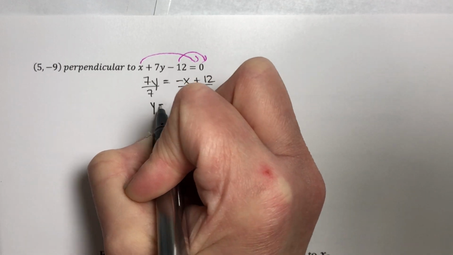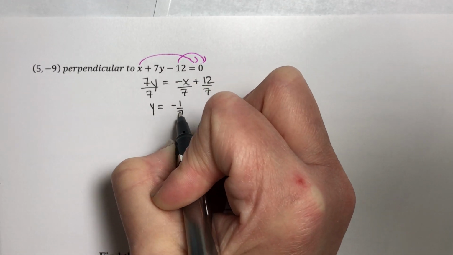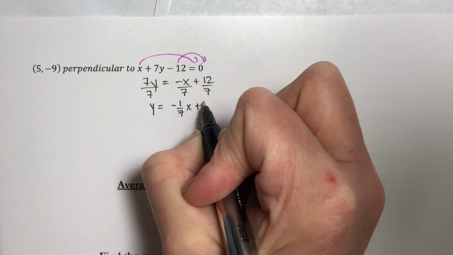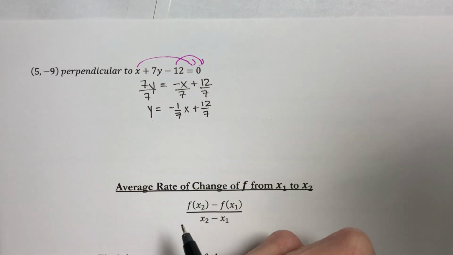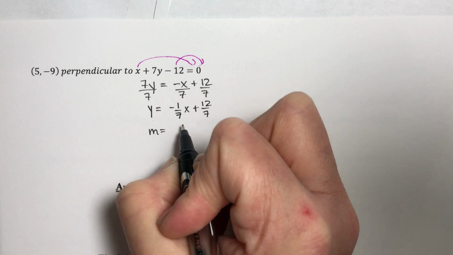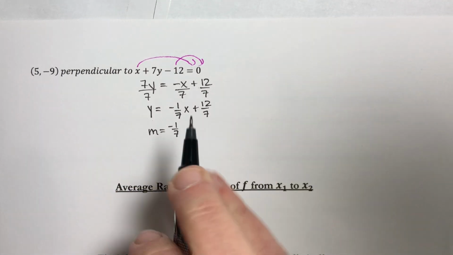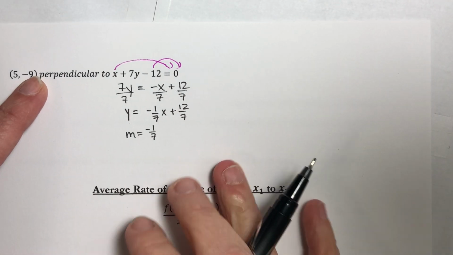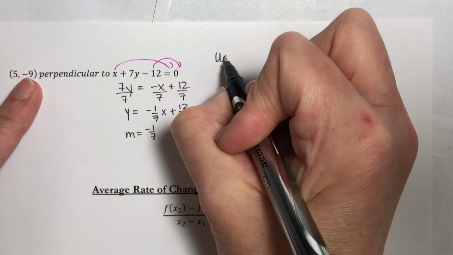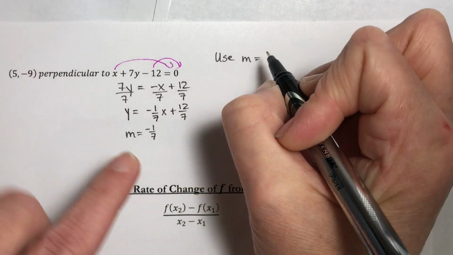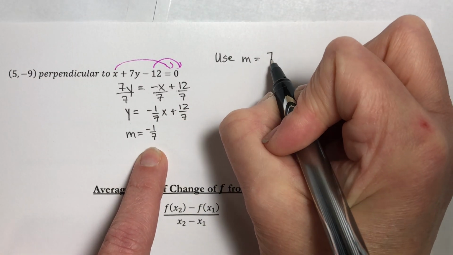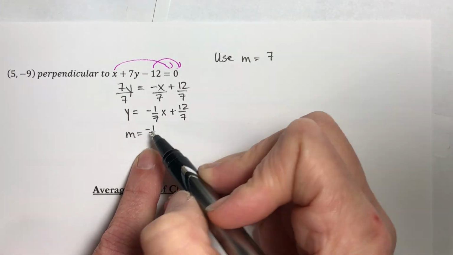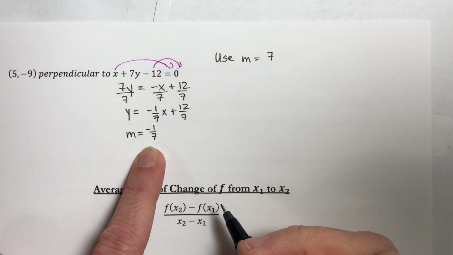And we get y is equal to negative 1/7 x plus 12 over 7. So this slope here is negative 1/7. I want them to be perpendicular, so I'm going to use the reciprocal of this, which would be 7. This is negative, so this is positive.